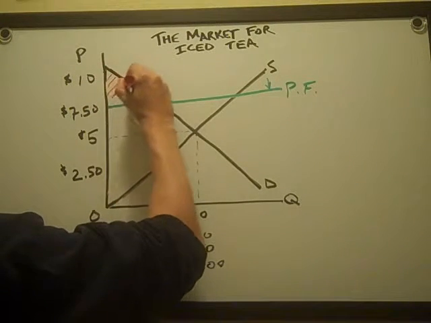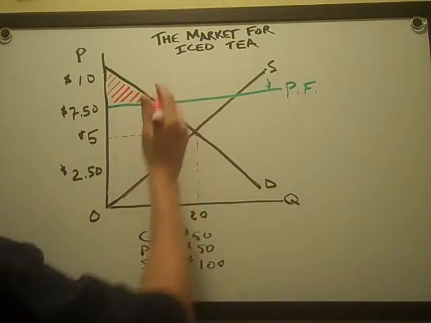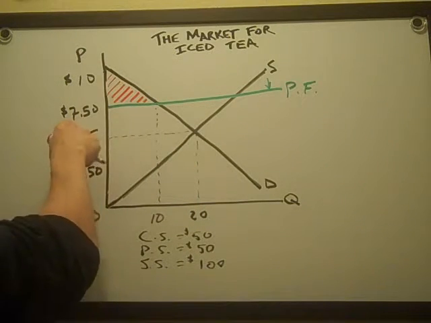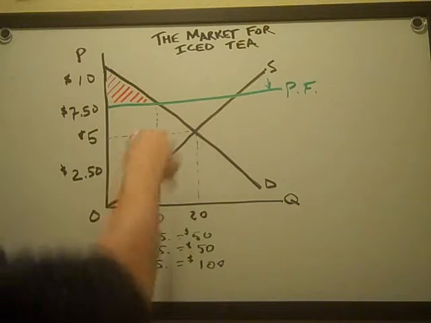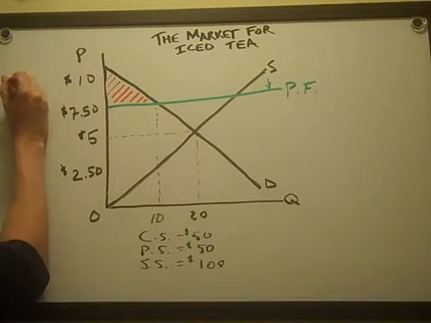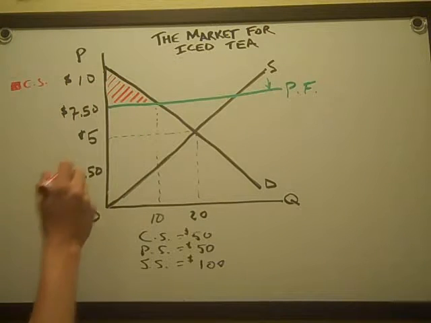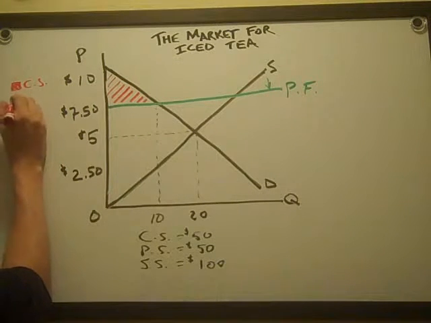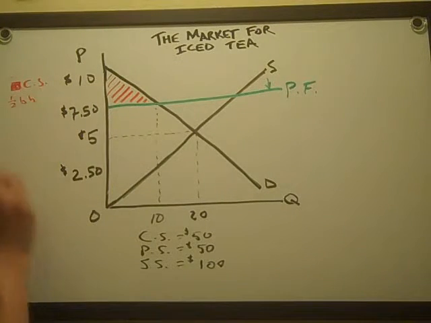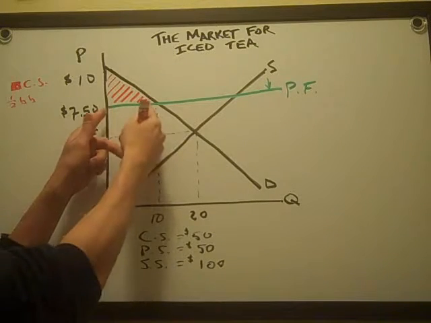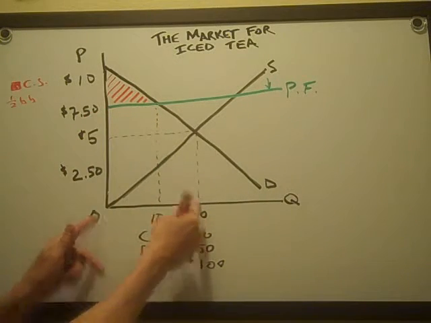Well, first of all, we know that consumer surplus is everything above the prevailing price, that's $7.50 in this case, and below the demand curve. All right, so consumer surplus is that area right there, and if that's true, then the formula for that is 1/2 base times height. This is your new base, right? It's only 10 units wide, not 20 units wide like before.